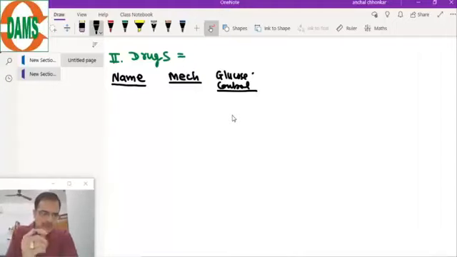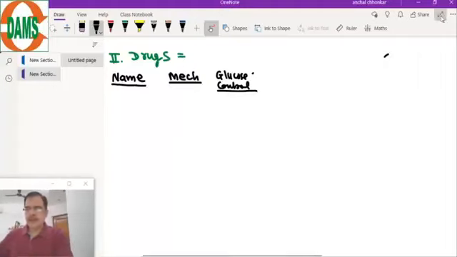Because in some patients the problem is high fasting sugars, and some patients have a problem of postprandial sugars. And what is the important concept here, which sugars are being controlled by these drugs.